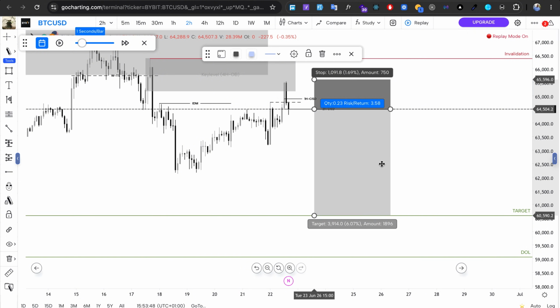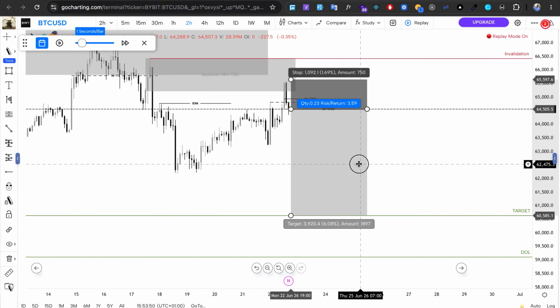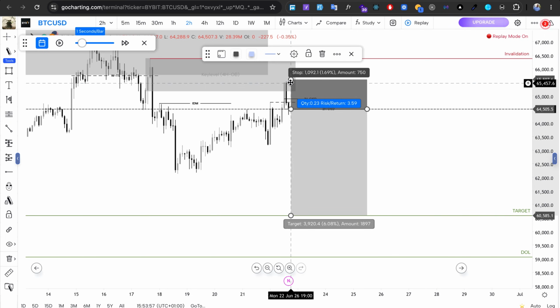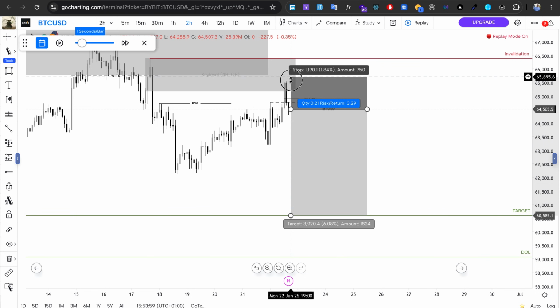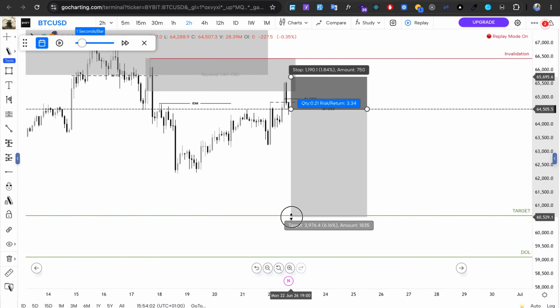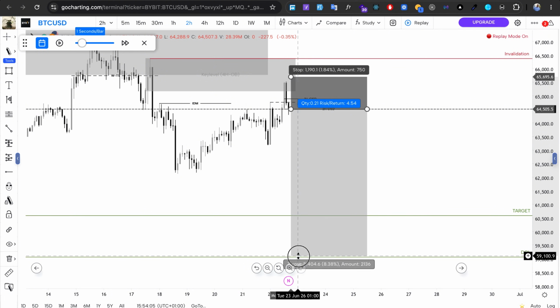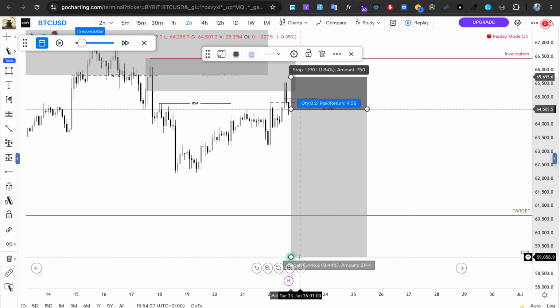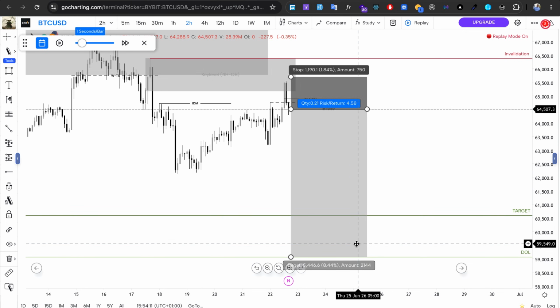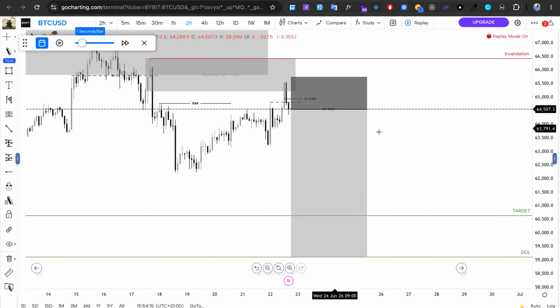It gives 3 RR. You can take partials here. I'll just draw it to the final target that I'm anticipating, which gives 4. So I can decide to take partial on this target and let it run to this one, or just let it run to this place, and so just play price.